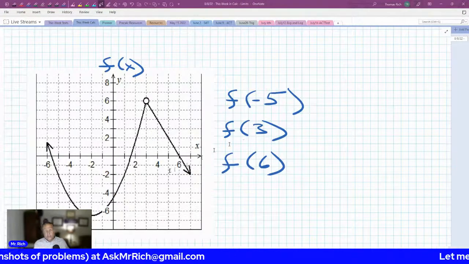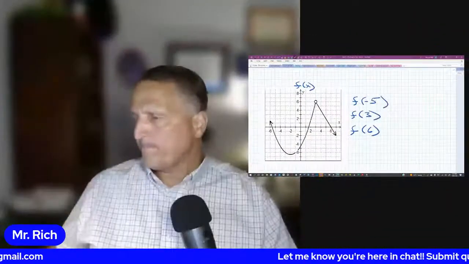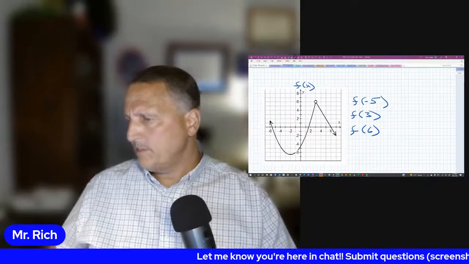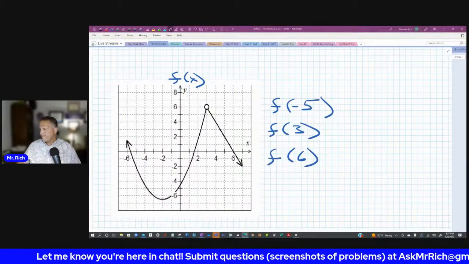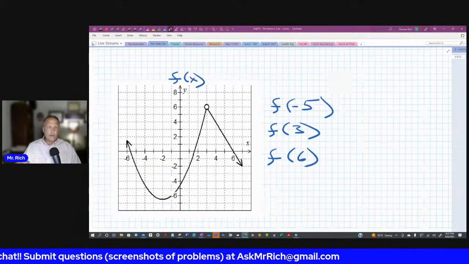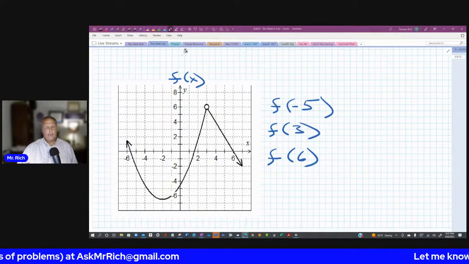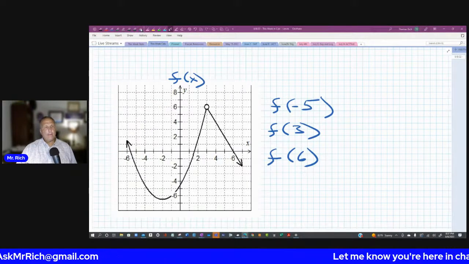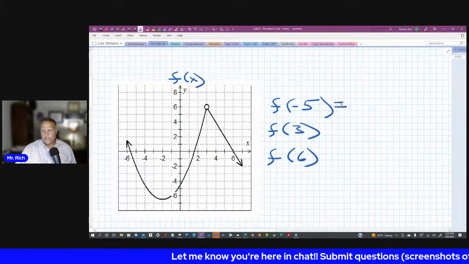I want to start off by taking a look at this function here. I have an f of x function, and what I'm asking you is, what is f of -5?